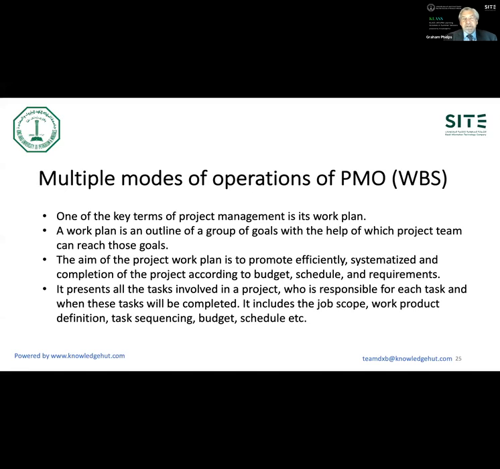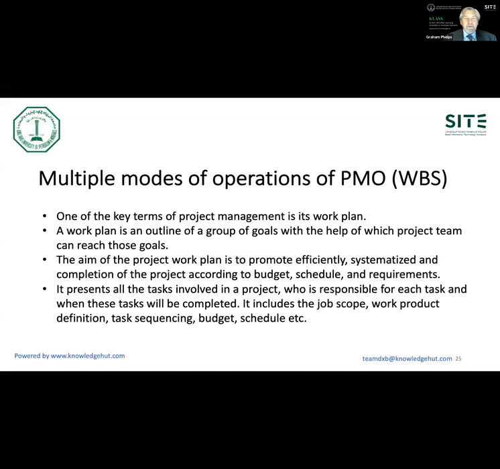It's a schedule of works, as they would call it in the building industry, and also sometimes in the IT industry. So it lists all the tasks involved in a project. It allocates the responsibility for each task and when each of those tasks will be completed. Additional columns, if it's a spreadsheet, can be allocated towards scope, task sequencing, budgeting, dependencies, clear definitions of work, and so on.